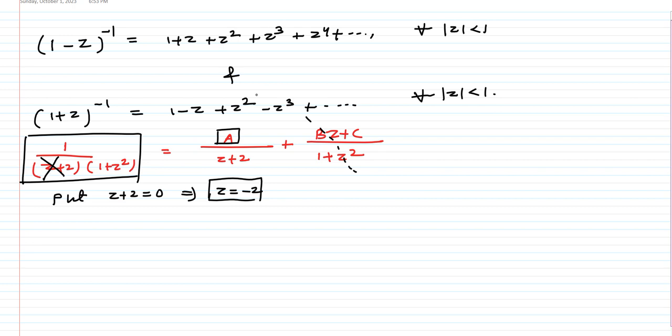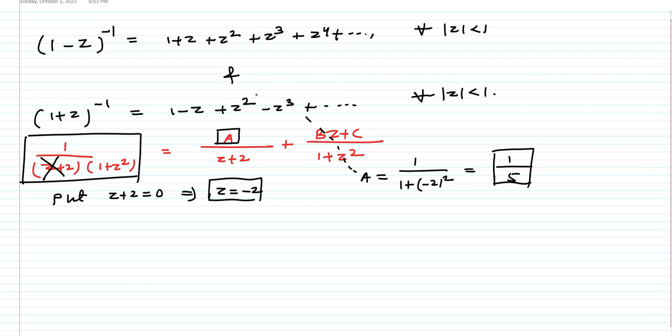So our remaining term will be, the value of a will be, we need to put the value of z is equal to negative 2 in the expression 1 upon 1 plus z square, that is 1 upon 1 plus negative 2 whole square. So the value of a will be 1 upon 1 plus 4, that is 5. So we have already got the value of a, that is 1 upon 5.